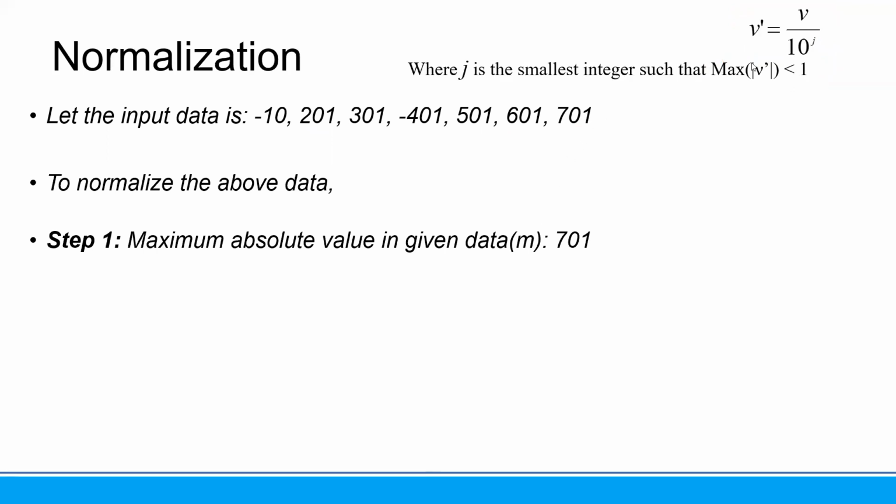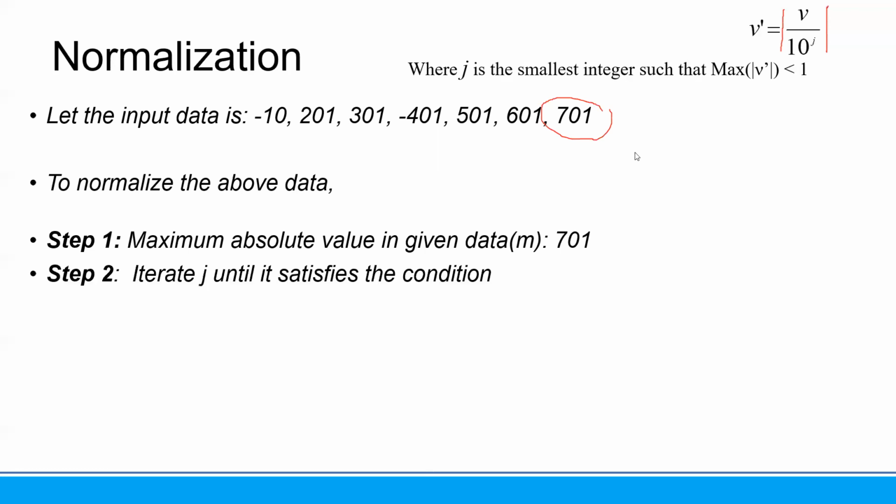It's easier, because we can make everything absolute, so we just find the maximum absolute value, which is 701. After we found 701, we iterate j until it satisfies the condition. The condition is the value should be less than 1.